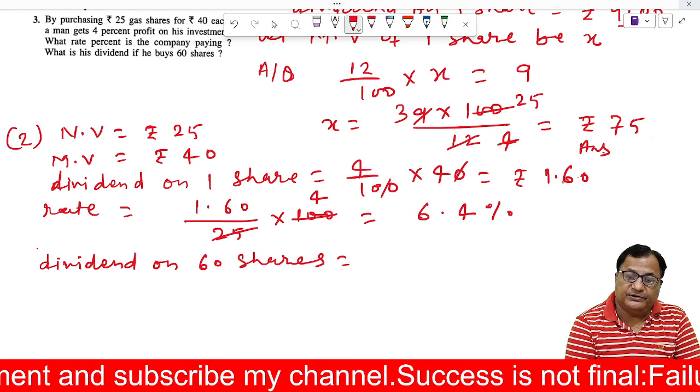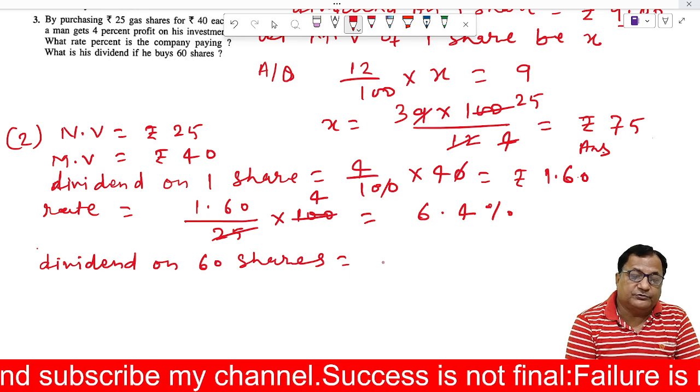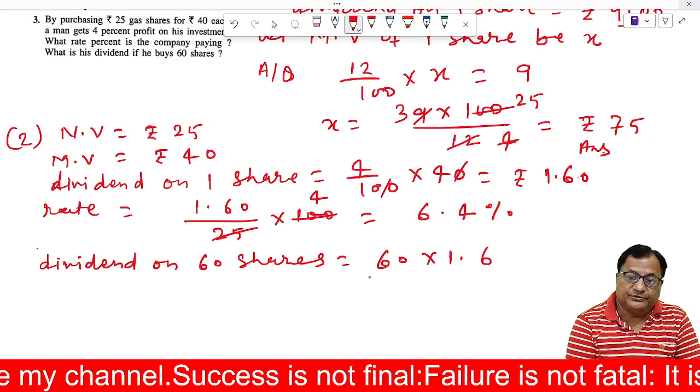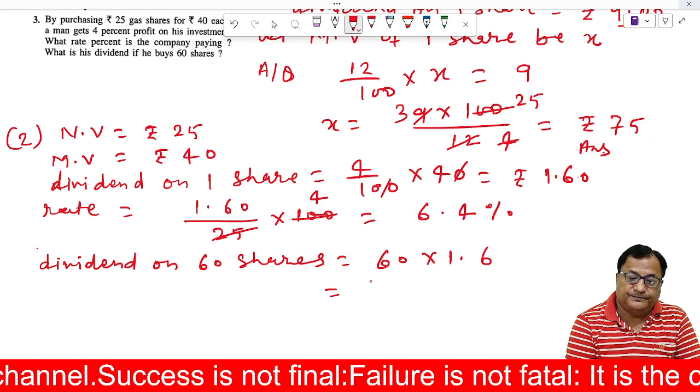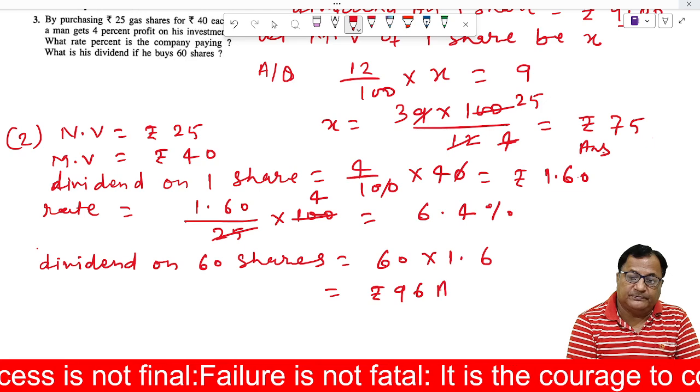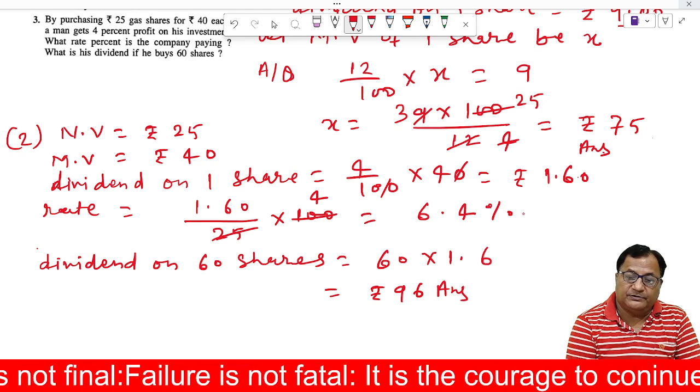On one share, the dividend is 1.6, so 60 into 1.6 is equal to rupees 96. This is the answer, and this is also the answer.